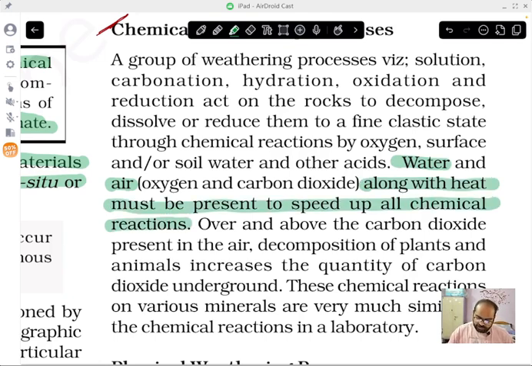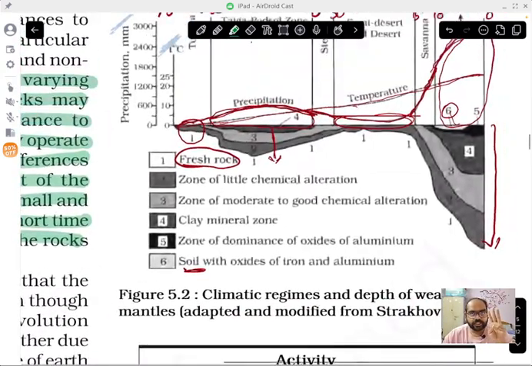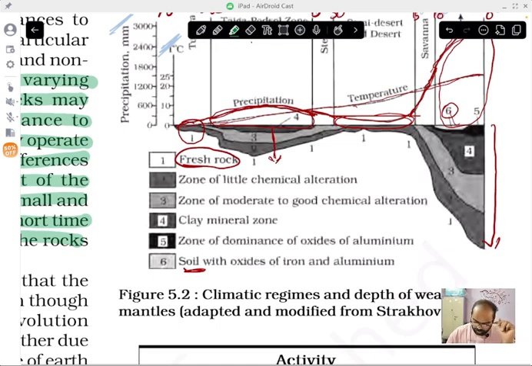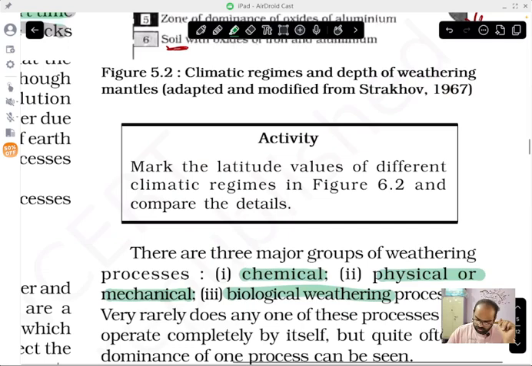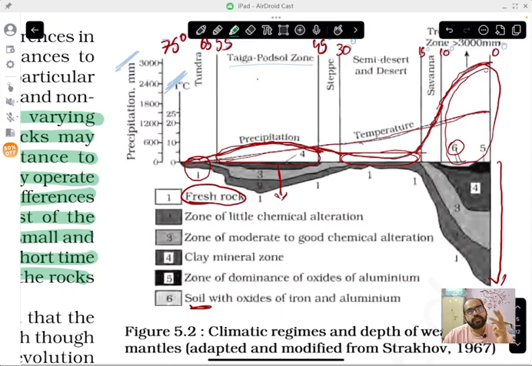Now here, see, what are the 3 major factors that are responsible for speeding up chemical weathering? Water, air and heat. These 3 are the main factors for chemical weathering to speed up.